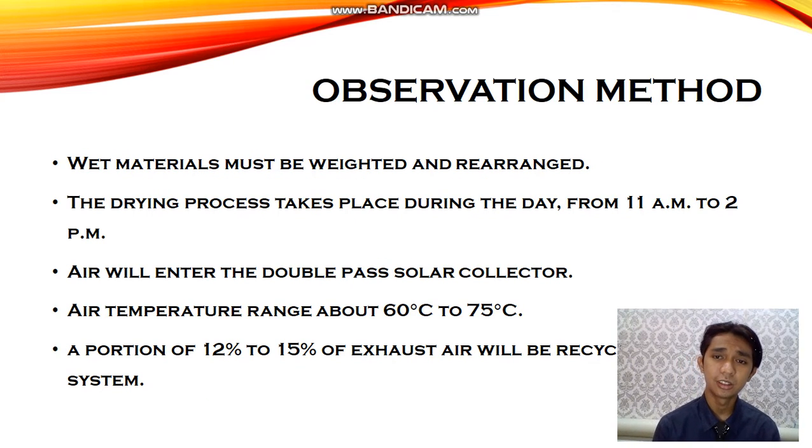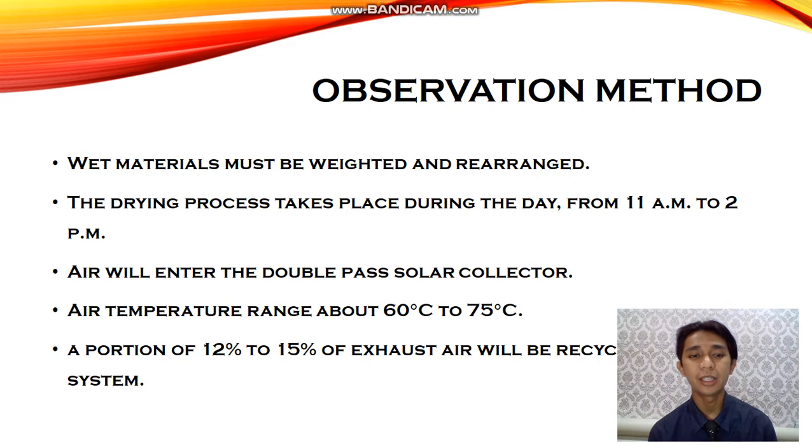So the observation method: wet material must be weighed and rearranged inside the drying chamber, and then the drying process takes place only during the day, from 11 a.m. to 2 p.m., when the solar radiation is at its peak.